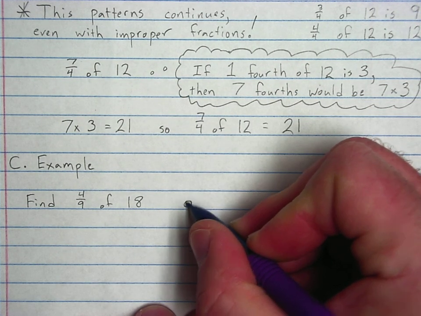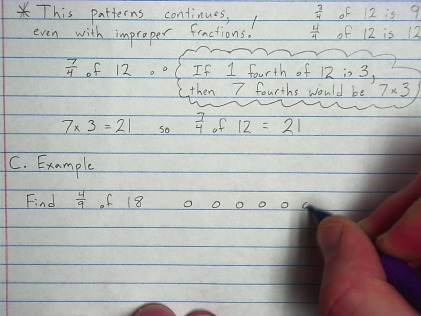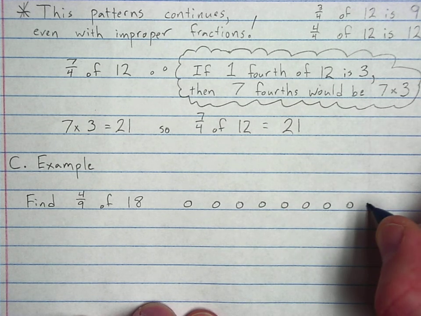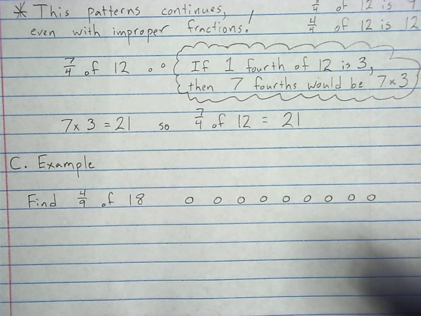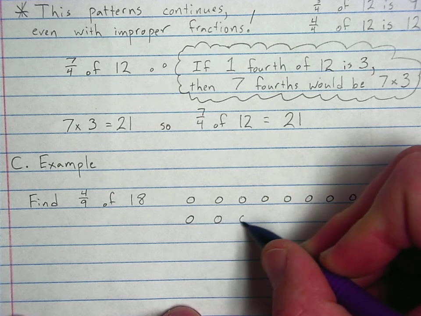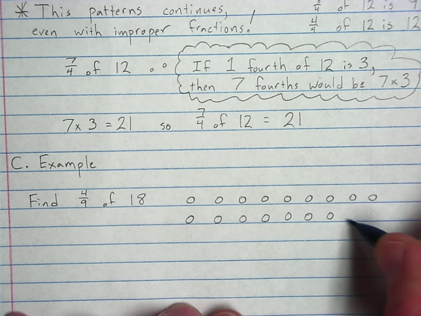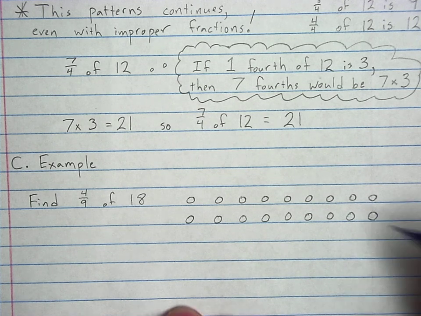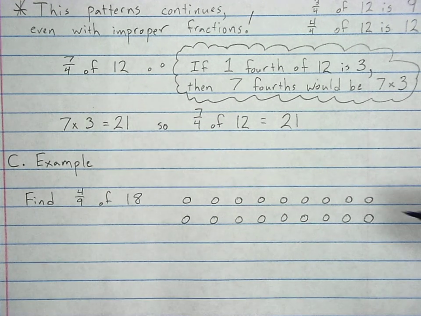So 1, 2, 3, 4, 5, 6, 7, 8, 9. I'll just go ahead and continue. 9, 10, 11, 12, 13, 14, 15, 16, 17, 18. Okay, I hit 18. 18 was the total number I was working with.